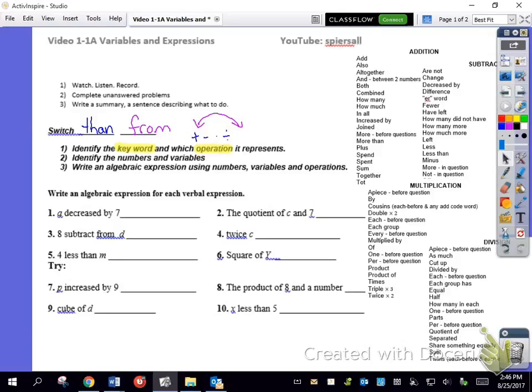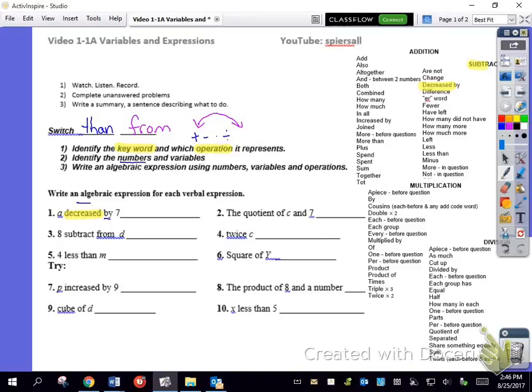So look at number 1. I want to identify the key word. The key word here is decreased. So where do I see decreased? I see decreased here, which is subtraction. Okay? So I'm going to subtract. Now, it says by, so I do not change the order.